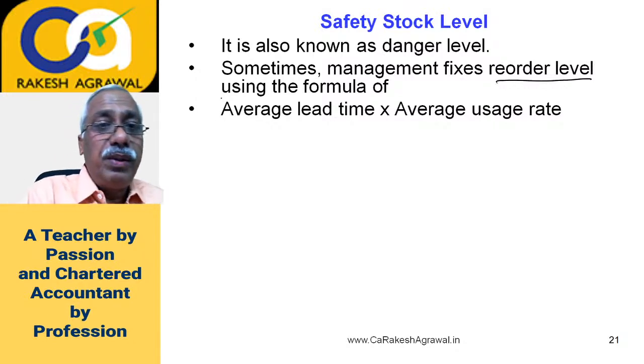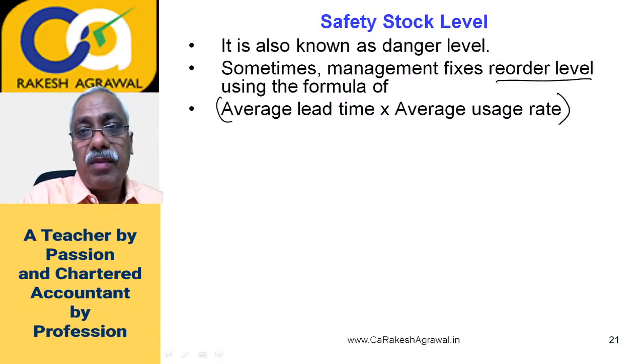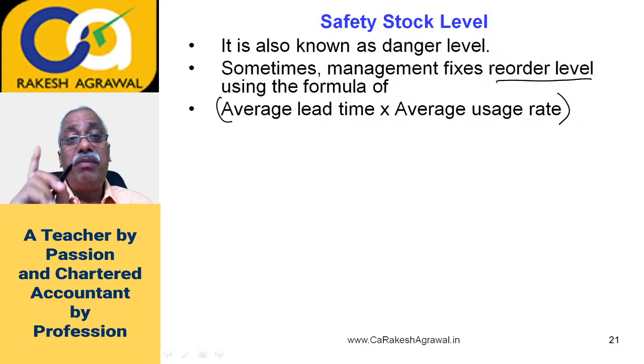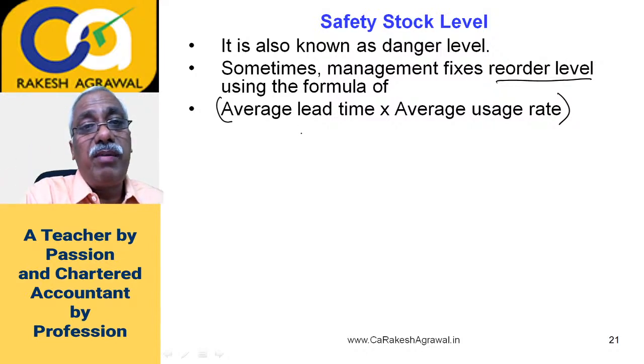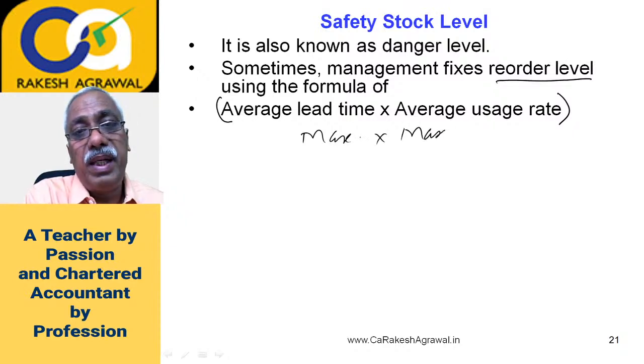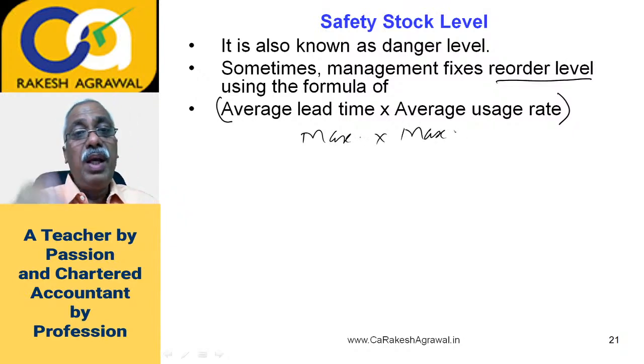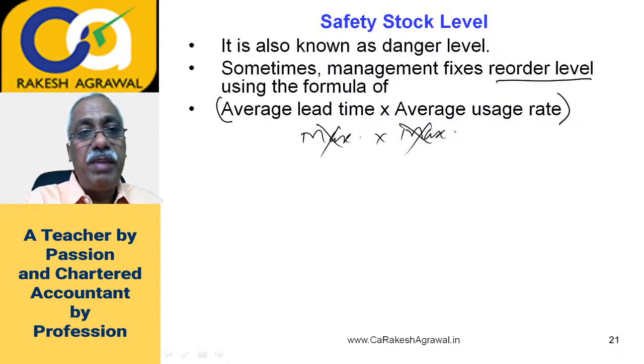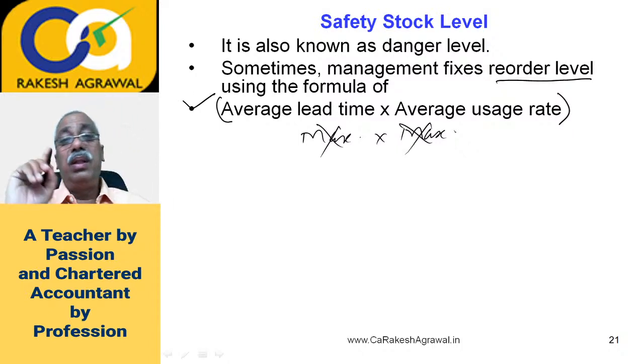So if management is using this formula for reorder level, instead of which formula? The original formula of reorder level is maximum usage rate into maximum lead time. But if management uses this formula instead, then there is always a chance of stock out.